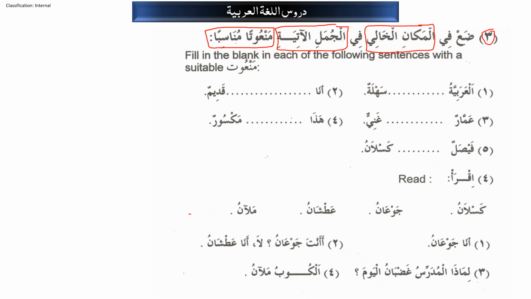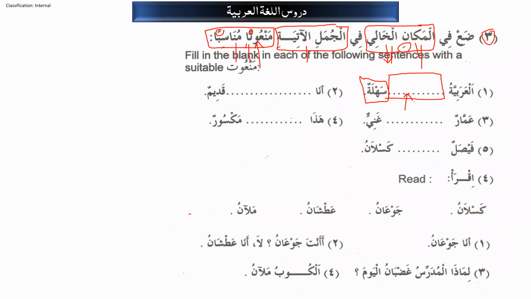Murakkab tawsifi, you will find both nouns in the same pattern. There will be no change, no disconnection. See, this is nakira, this is ma'arifa, both ma'arifa, both majroor. Makan, place, khali, empty. Man'ut means mausuf. So bring a suitable mausuf. Now in this practice, he actually gave us adjectives. He wants us to use a suitable mausuf.